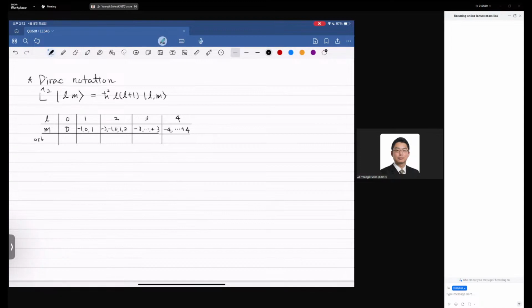In chemistry class, we usually learn what these are in terms of orbitals. There are these names, s orbital, p orbital. They all correspond to these numbers. N, L, M have this relationship.